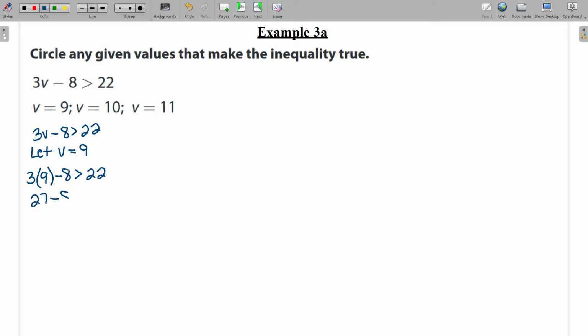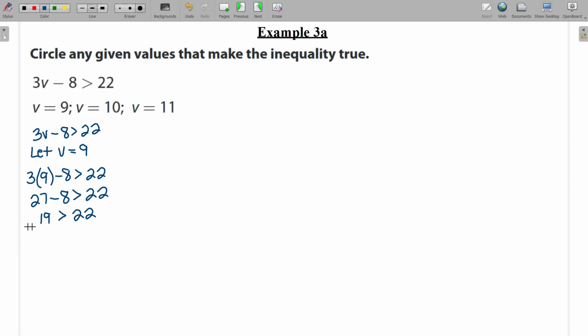I still have that minus 8 greater than 22. Now what I'm doing here is I'm solving each side of the inequality independently of the other one. So I'm going to see what 27 minus 8 is. So if I take 27 minus 8, that's going to give me 19. I still have my greater than sign, and then I have 22.